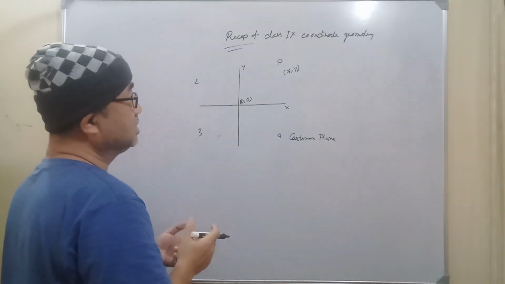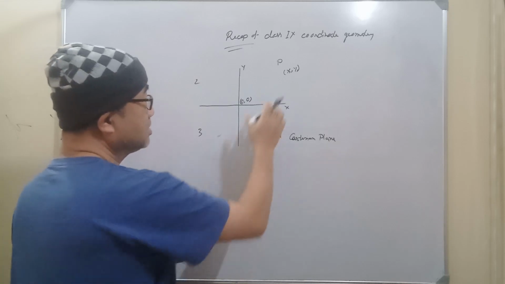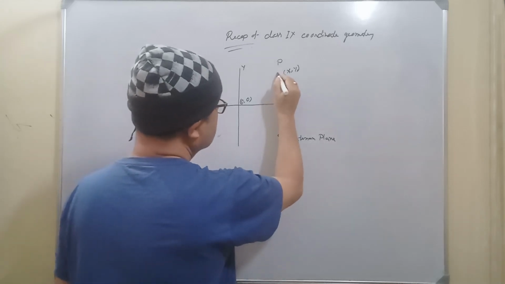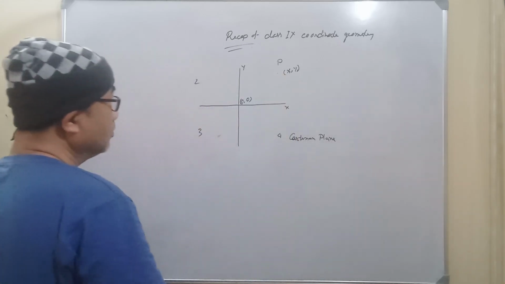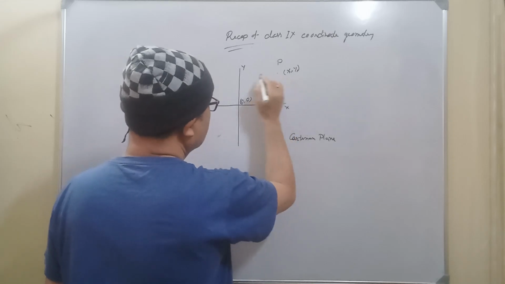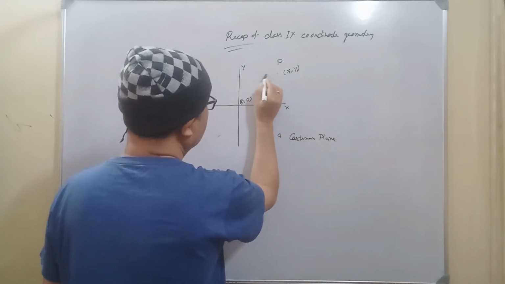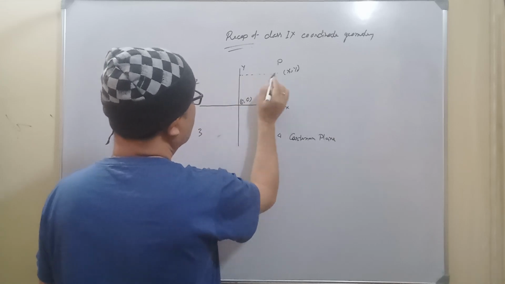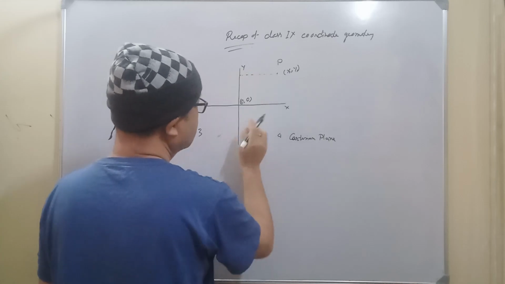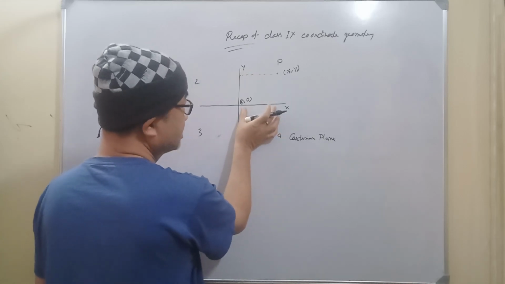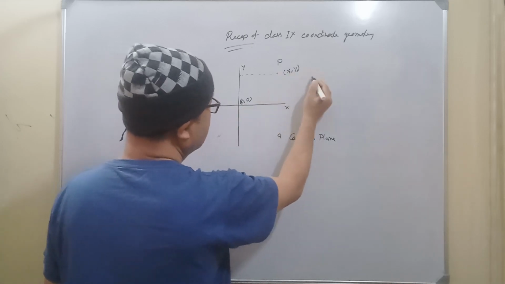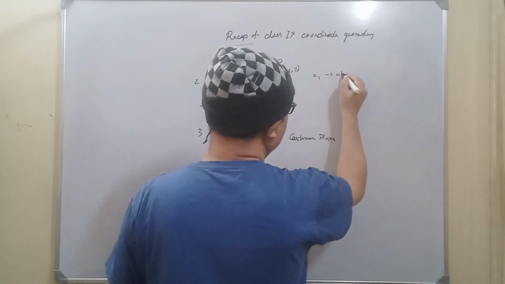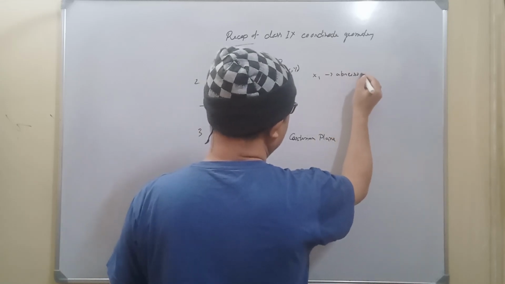So, what do these numbers mean? What do this x and y denote here? Suppose this is the point. If you draw a perpendicular from the point on the y-axis, which is parallel to the x-axis, that gives us the value of x1 or abscissa.